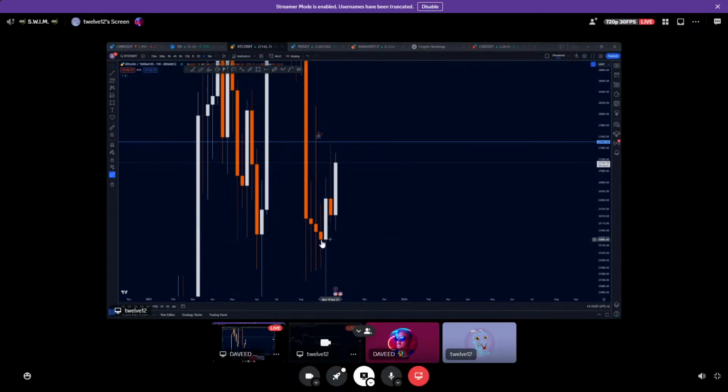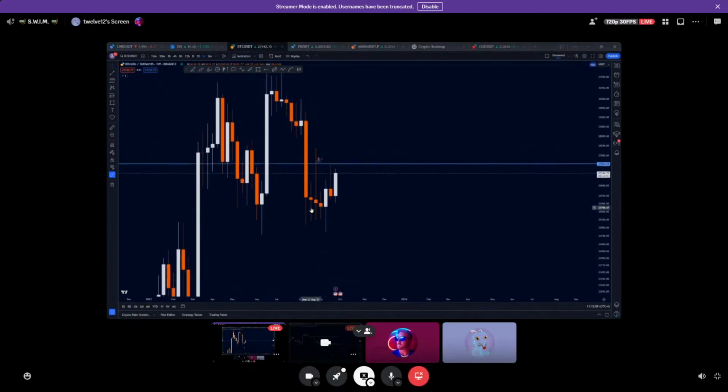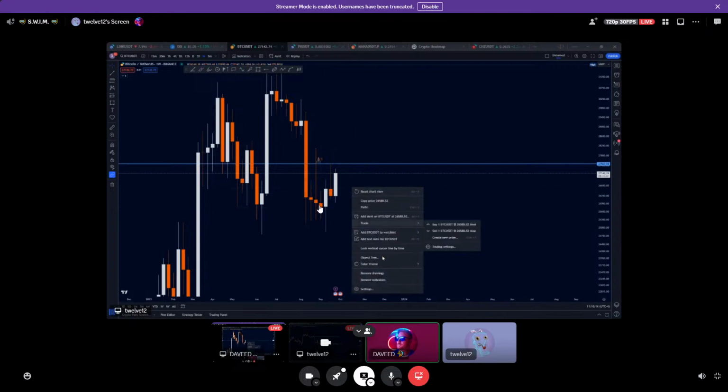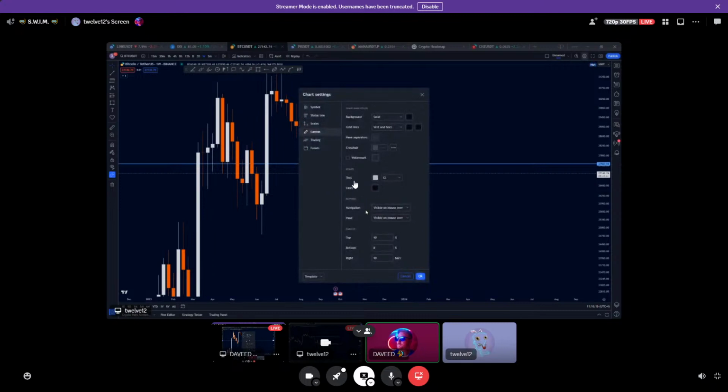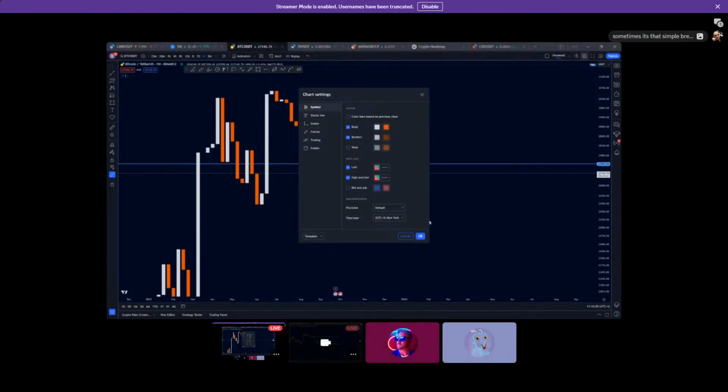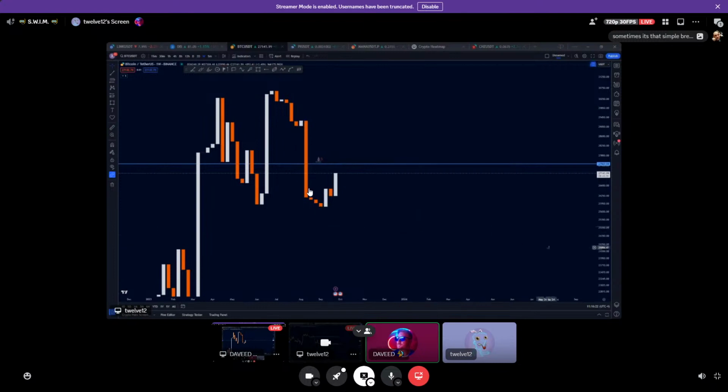So here is kind of turtle soupy, maybe. But if the bodies tell the story, then what this is telling me is that one week wiped out three weeks' worth of bears' price action. This just looks like accumulation to me.